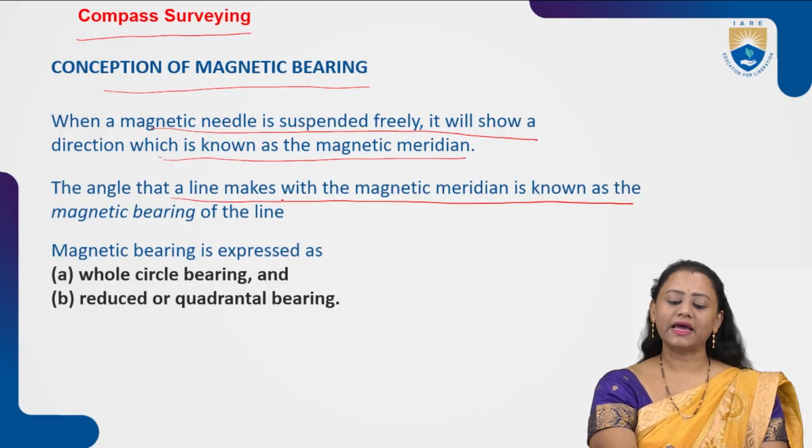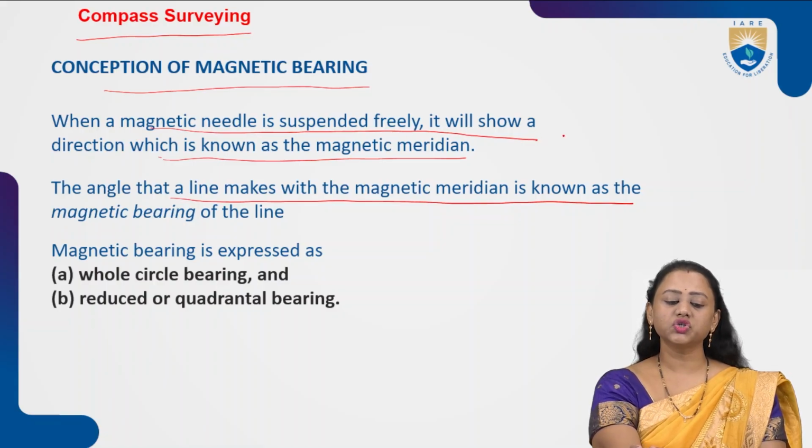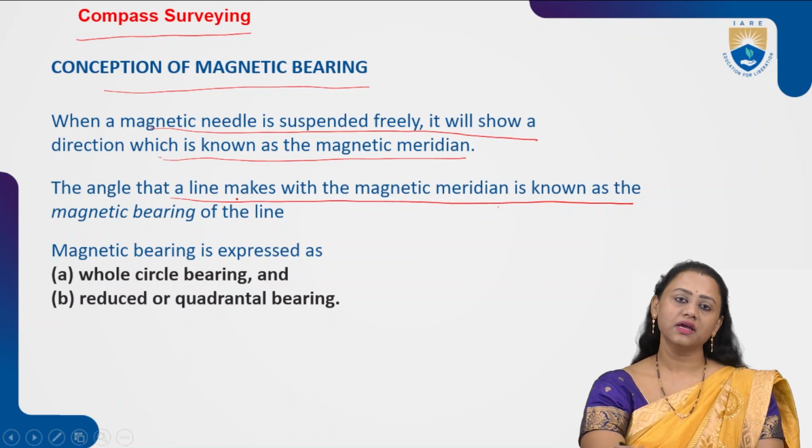And what is the magnetic meridian? It is the north direction shown by a magnetic needle. So when a magnetic needle is suspended freely, it will show a direction which is known as the magnetic meridian. The angle that the line makes with the magnetic meridian is called a magnetic bearing.